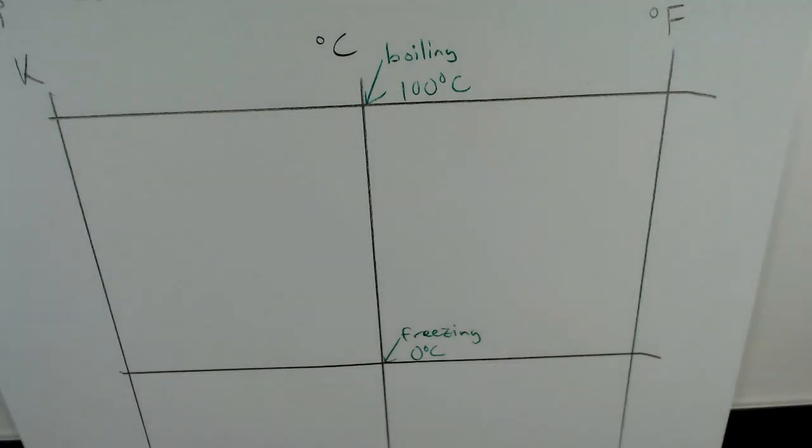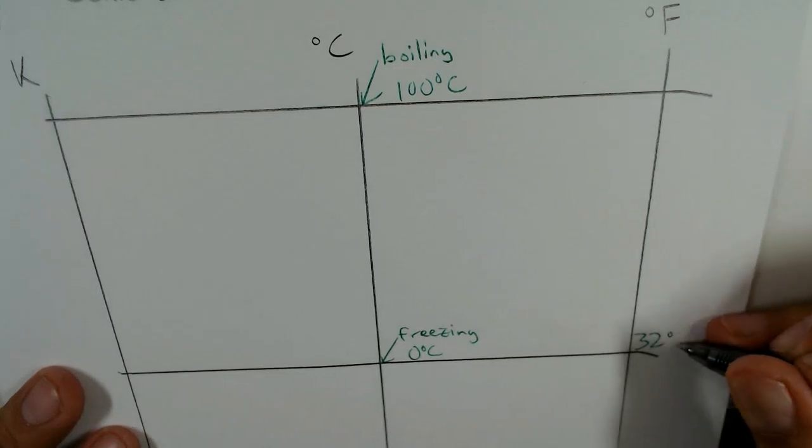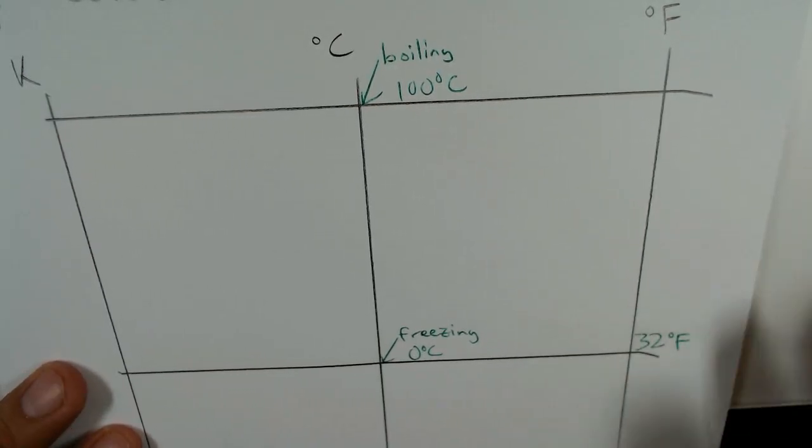All right, does anybody know the corresponding temperature in Fahrenheit for freezing? Like when they say it's below freezing outside, how cold is it? Below 32, right? So 32 degrees is freezing. Some misconceptions or mistakes I've seen people make is some people think that below freezing is below 0.